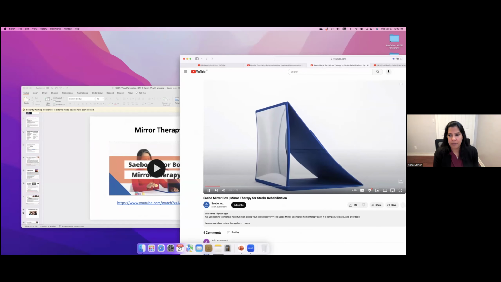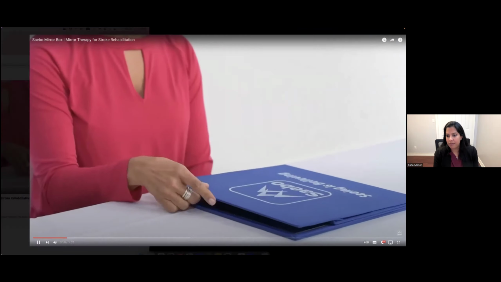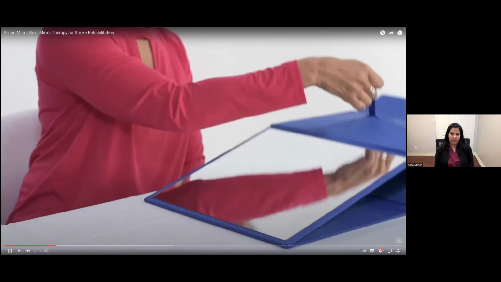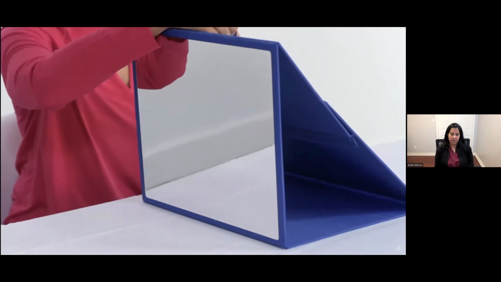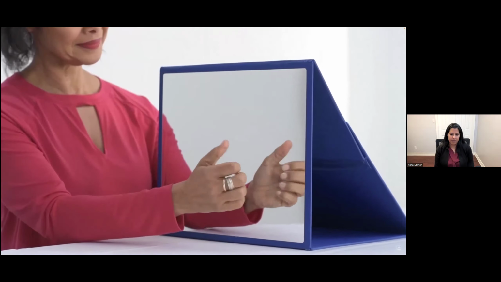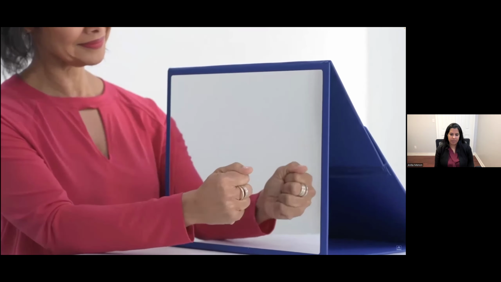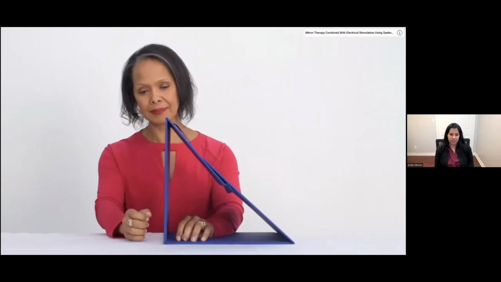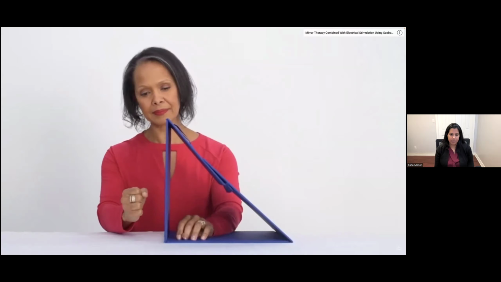Therapeutic solution that incorporates neuroplasticity-based principles, resulting in improved motor recovery and function. The SABO Mirror Box is a scientifically proven treatment tool that hides one limb from view while providing a mirror image of the healthy limb for the client to see. During mirror therapy, clients place the affected limb inside the mirror box and the unaffected hand and forearm in front of the mirror.